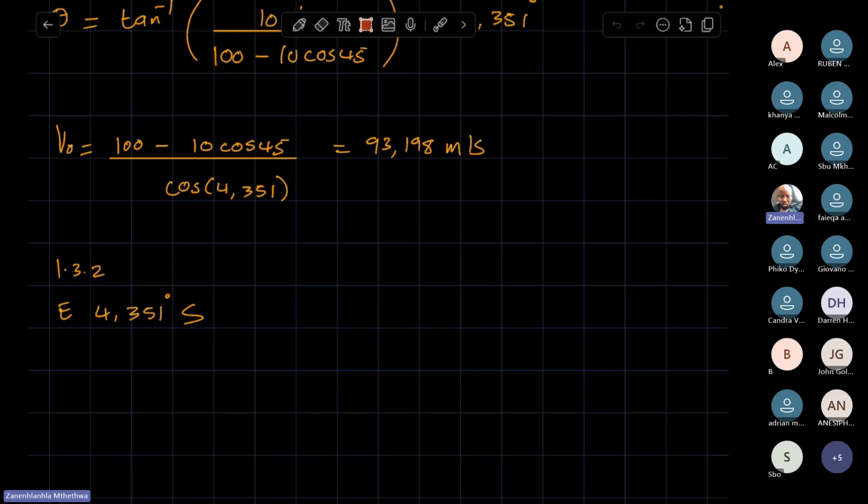I got 93 for my resulting velocity. The only difference is after the comma. Yes, sir. That's fine. That doesn't matter. As long as the approach is mathematically correct, that's fine. That is absolutely fine.